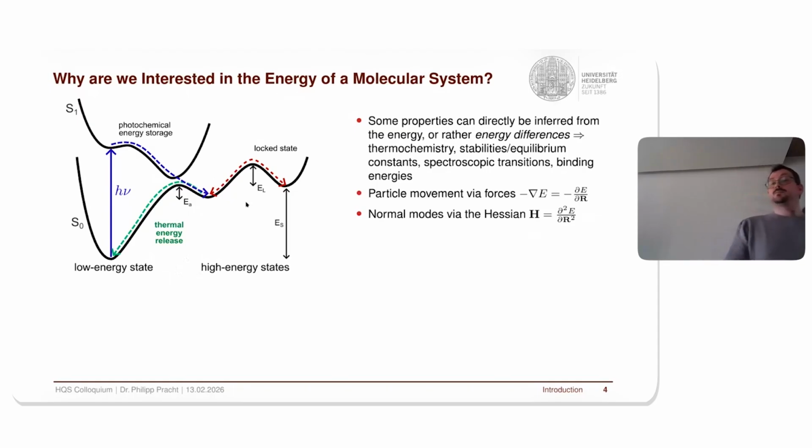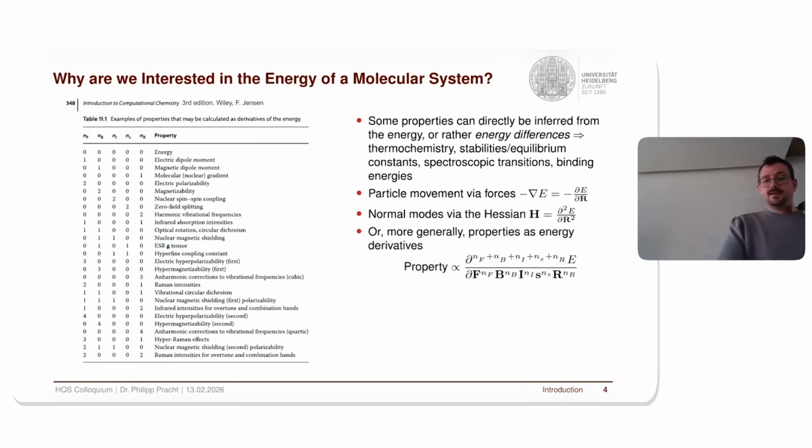You also can derive particle movement via derivatives of the energy, and normal modes via the second derivatives of the energy with regards to the nuclear coordinates, which are going into the thermochemistry of the system, so help define the accessibility.